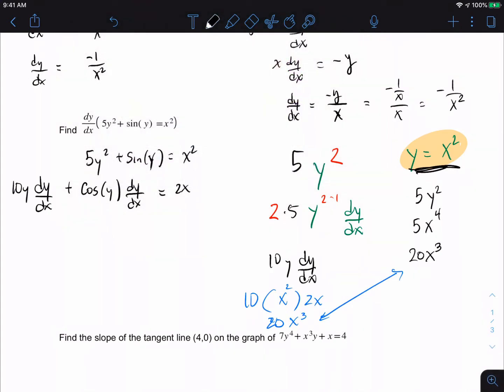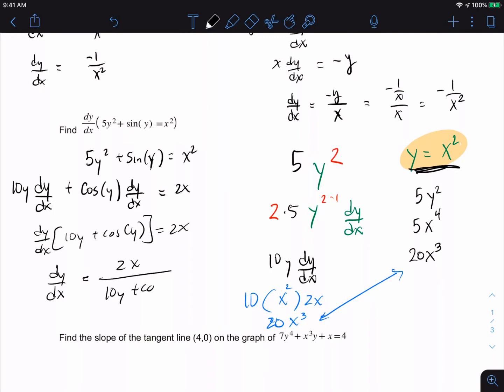So then from here, I need to get dy/dx by itself, right? So I'm going to get dy/dx. 10y plus cosine of y is equal to 2x. So then dy/dx is equal to 2x over 10y plus cosine of y, and that is my answer.